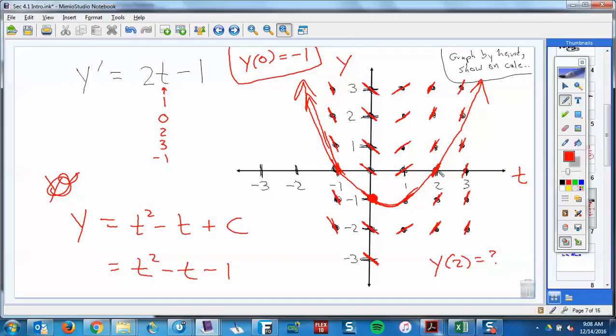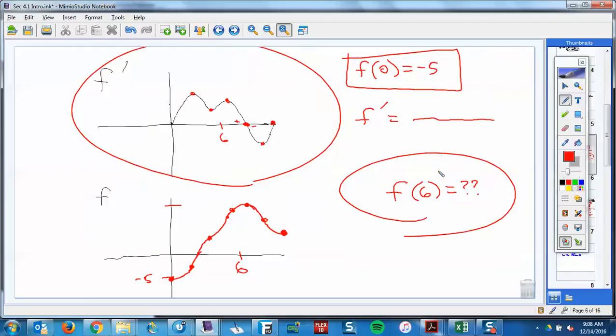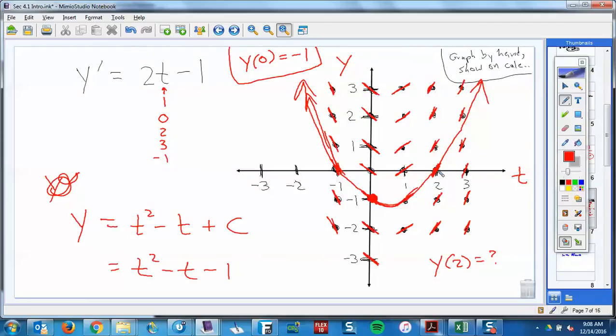Maybe not a great deal, but a little more confidence than the other one we did, because we actually calculated some slope. So it's still just an approximation, a guess at what the original function is. And of course, we know what this one is because we can solve it anyway. That's a slope field.